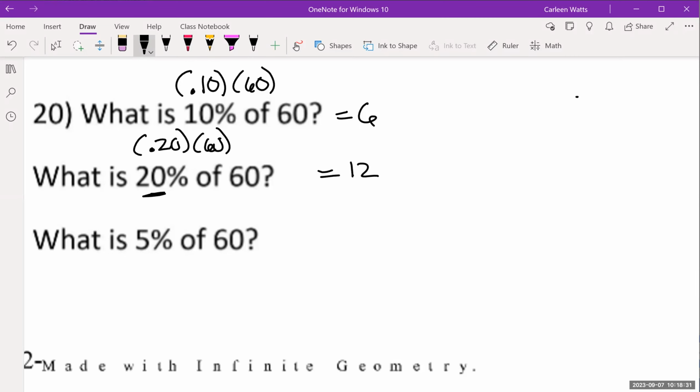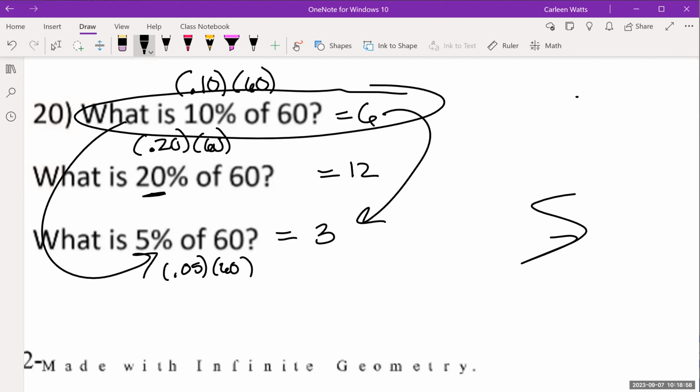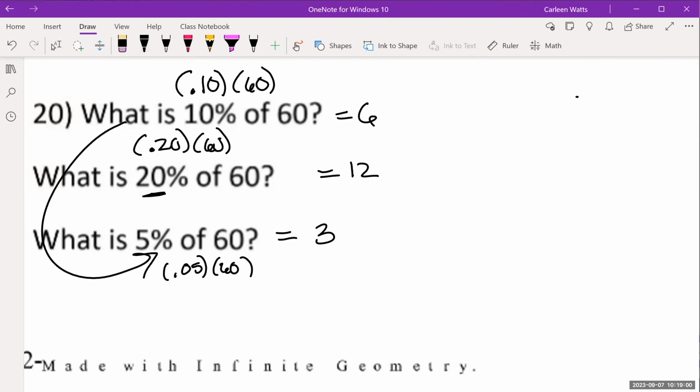Now, if 10% of 60 is 6, do we have a guess on what 5% is going to be? 0.05 times 60 equals 3. Notice that it's half of this one. Yeah, 3. So percents are really cool the way they work.